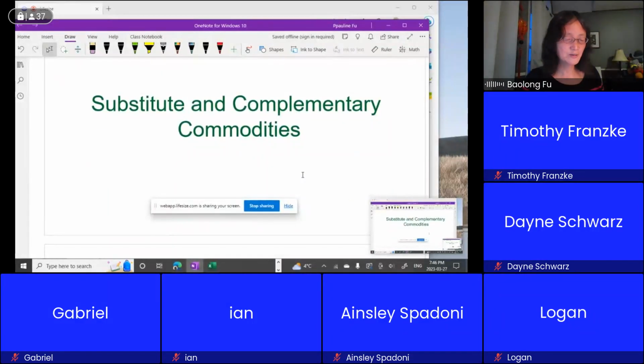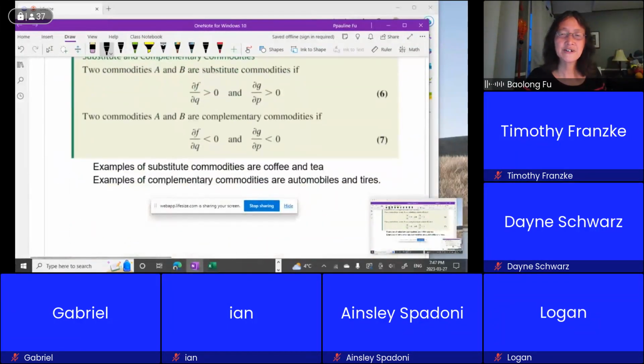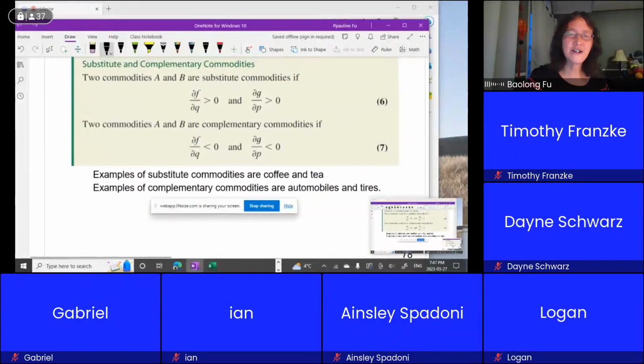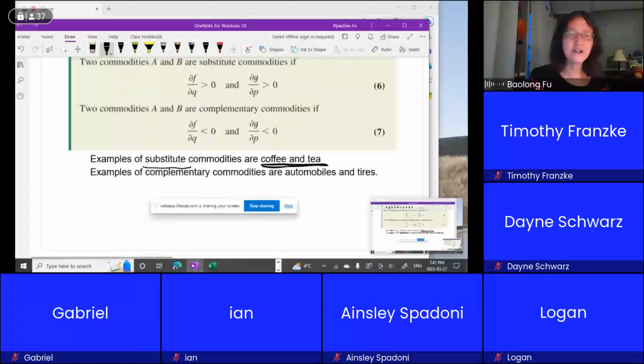If you are an economics major, you know substitute commodities and complementary commodities. What is a substitute? If you think about coffee and tea, those are substitutes. And what are complementary commodities?